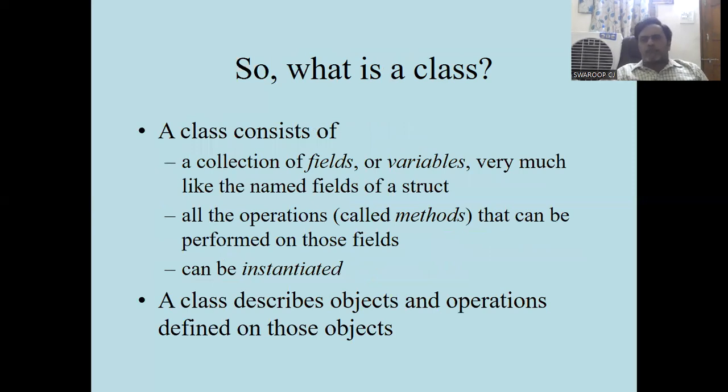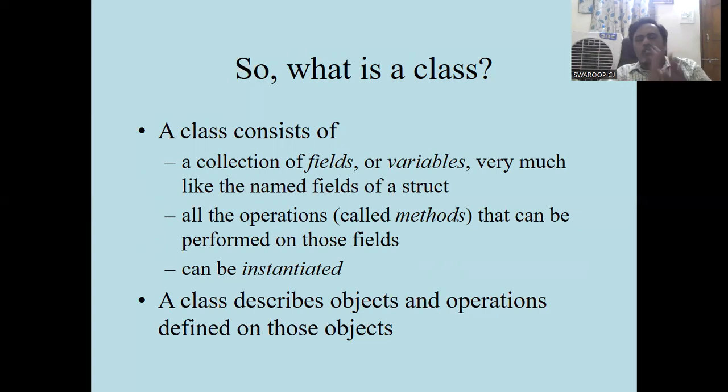So what is a class? A class is a collection of fields or variables, which we can also call the member data. And all the operations, within brackets, are methods.